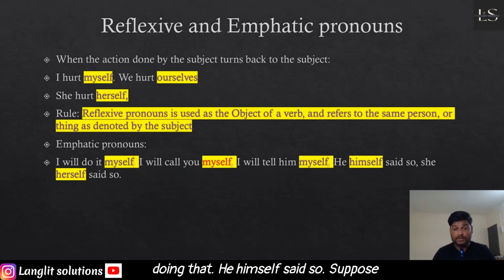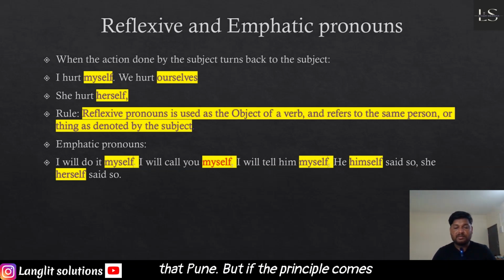He himself said so. Suppose there is a holiday tomorrow, and you are unable to understand whether it is a holiday or not. You don't have the exact idea. But suppose a peon is saying this to you, you won't believe that peon.